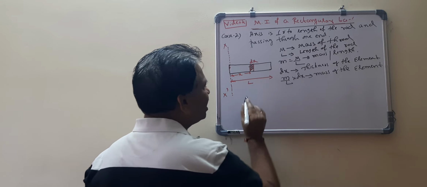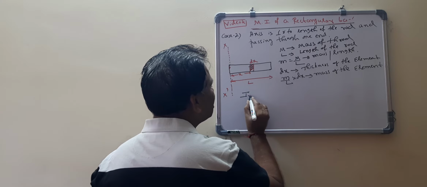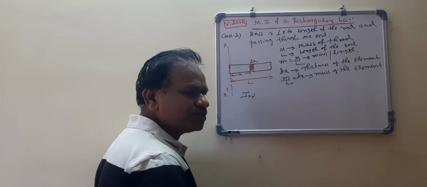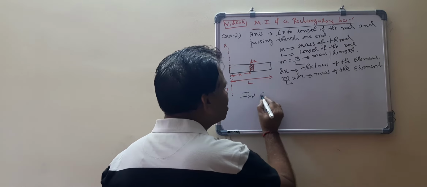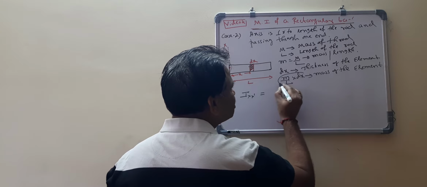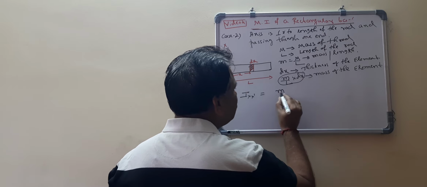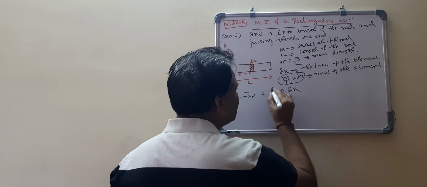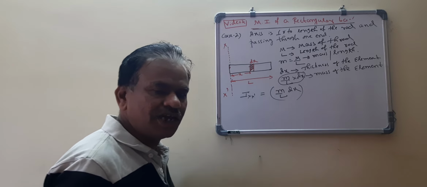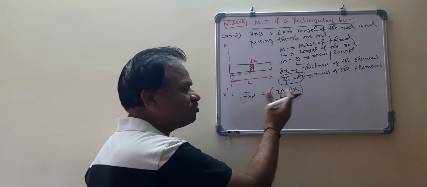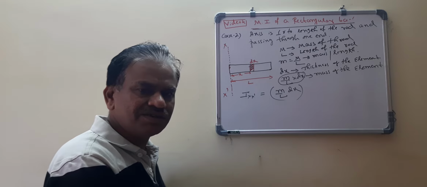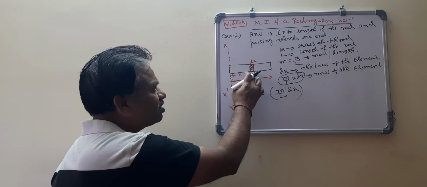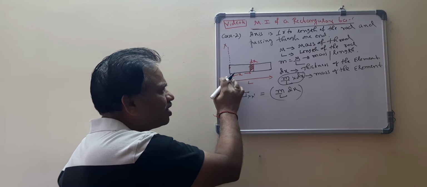Now I want to calculate the moment of inertia about x dash. Moment of inertia equals mass, which is m by L into dx, multiplied by the square of the distance. It is the distance between the element and the axis.